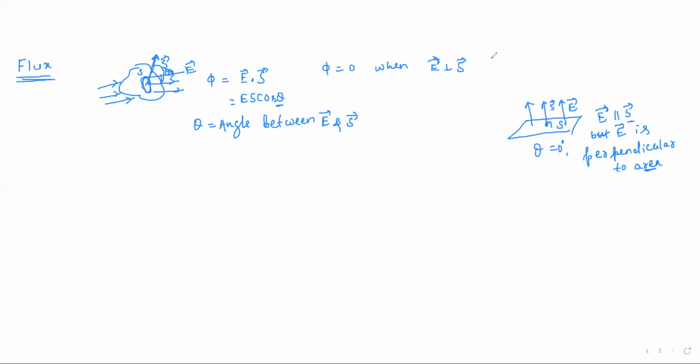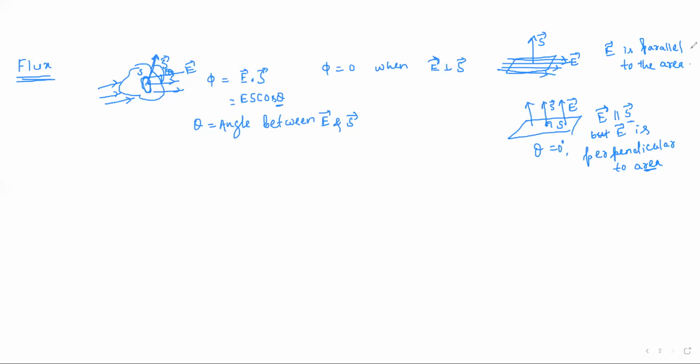In this case, perpendicular to the area vector means this is the area vector in this direction, so the electric field will be in this direction. That means the electric field will be parallel to the surface.